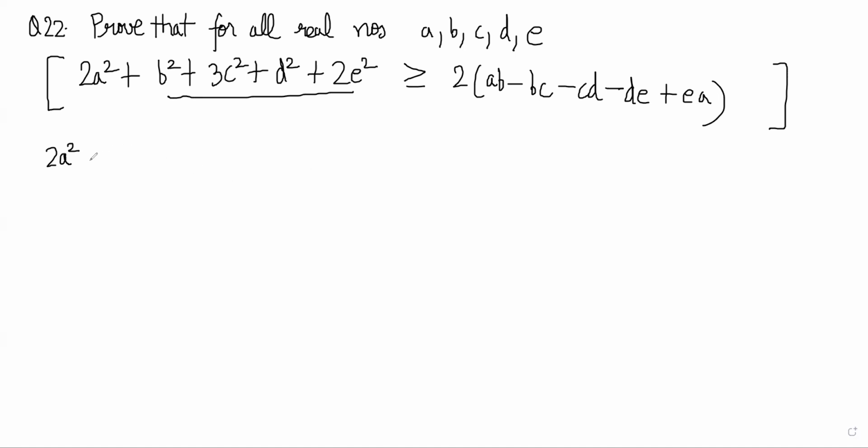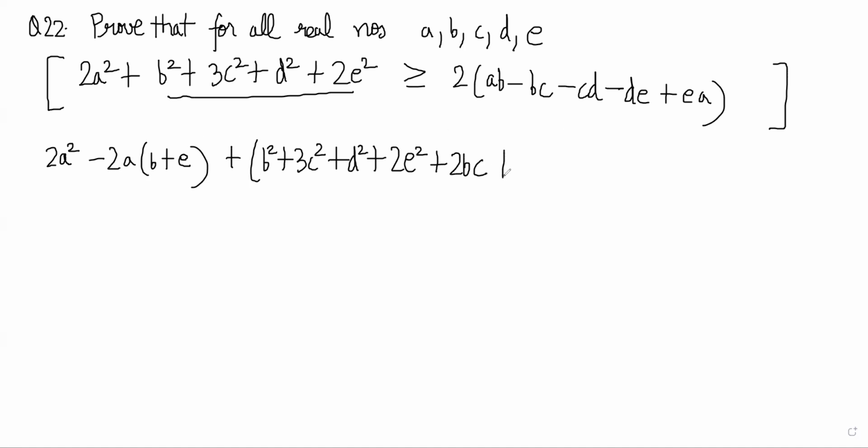You can say minus 2a(b plus e) and you bring it to this side. And you have plus b square plus 3c square plus d square plus 2e square. Remaining terms are plus 2bc plus 2cd plus 2d is greater than or equal to 0.